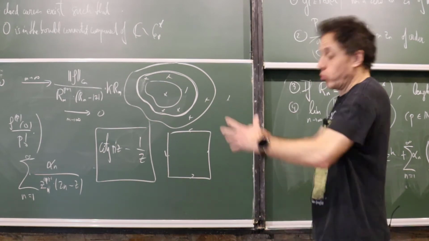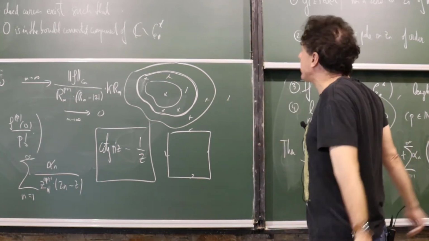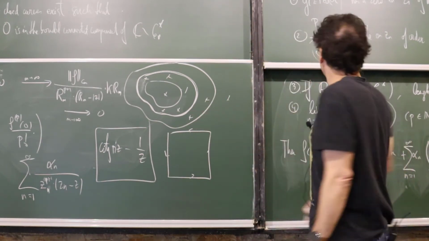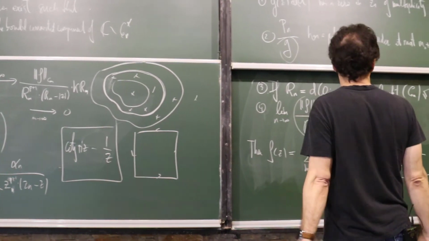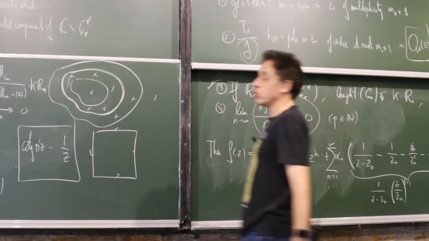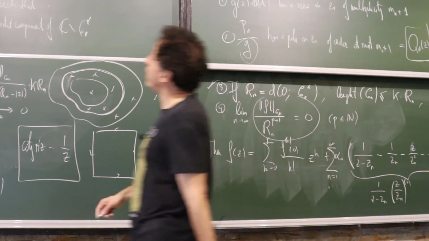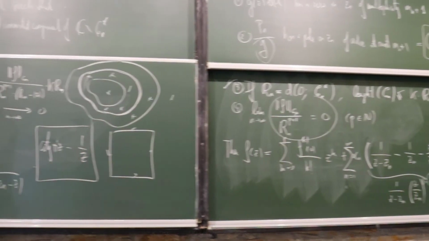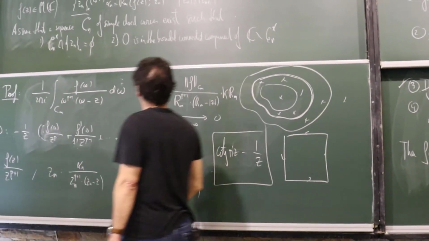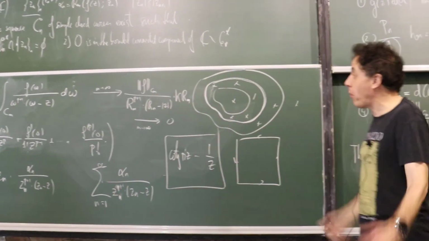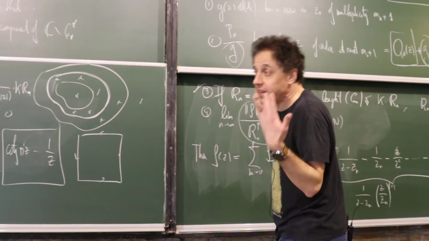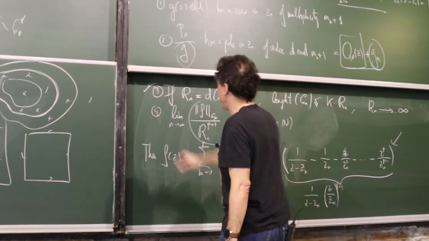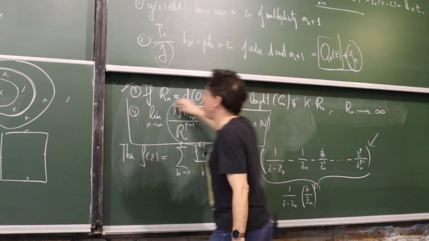This is a family of curves that are homothetic, so they easily verify a condition like this one here. They also verify that they don't go through any pole. 0 is in the bounded connected component, so there is no problem. So the only thing you need to verify is the fourth condition here.